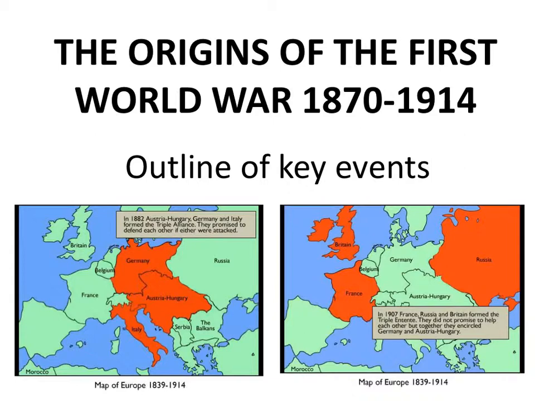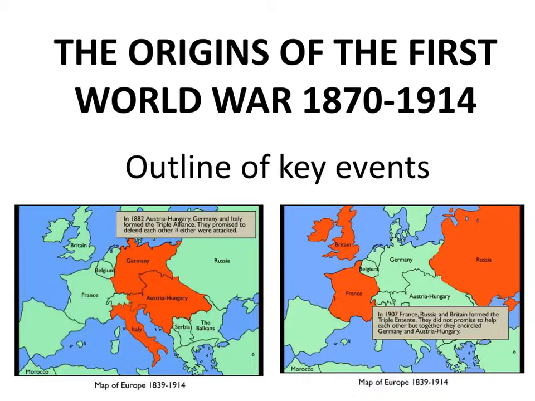Now, this was an alliance that was formed more than 30 years before the war broke out. Germany and Austria-Hungary and Italy. You can see the date there, 1882. The alliance was actually formed while Bismarck was Chancellor of Germany. That was in 1882.